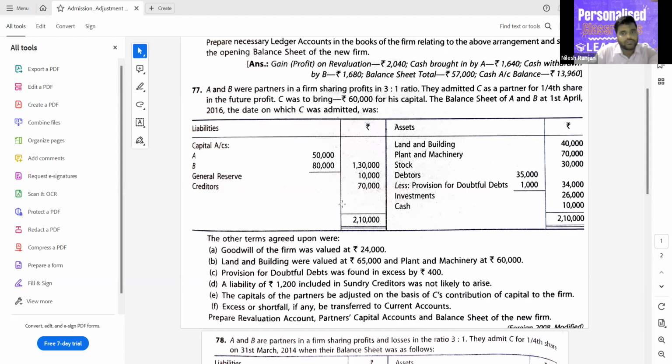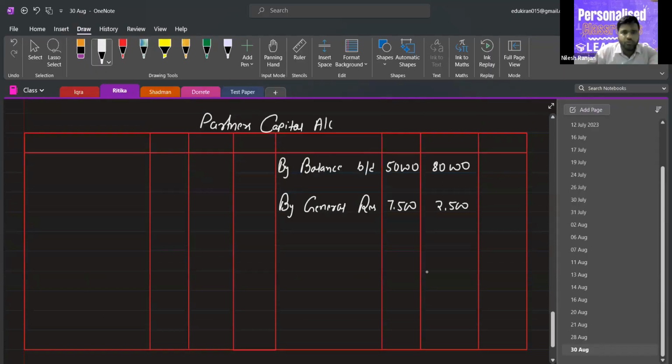Yes, sir. So if he is not bringing goodwill, then the partner will deduct this amount from his current account. 6,000 will be deducted from C's current account.